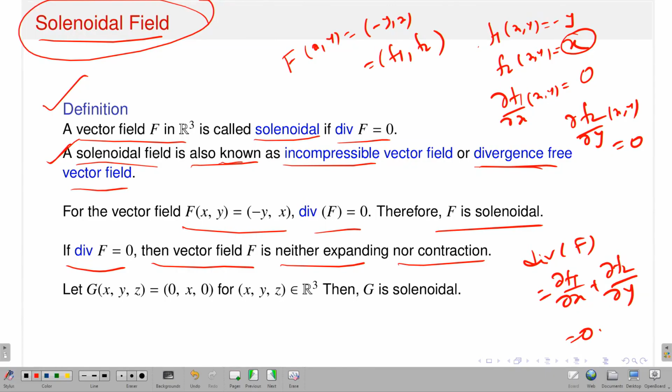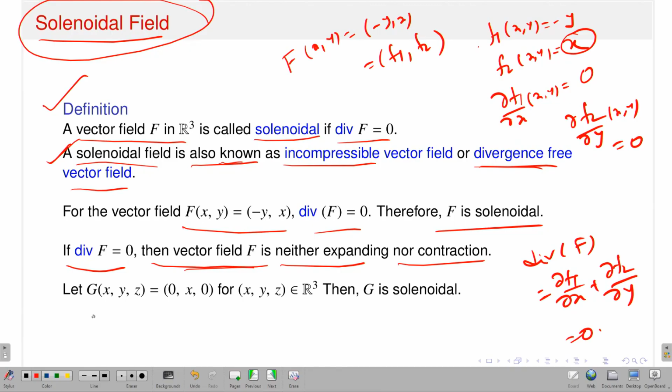It is clear, right. Because I already said that if divergence is positive, it is a source, and if divergence of F is negative at some point, it is a sink, that means they are expanding or contracting. Now, if divergence of F is 0, it is expected that the corresponding vector field is neither expanding nor contracting.